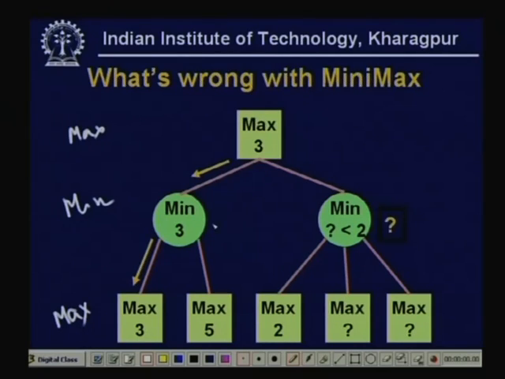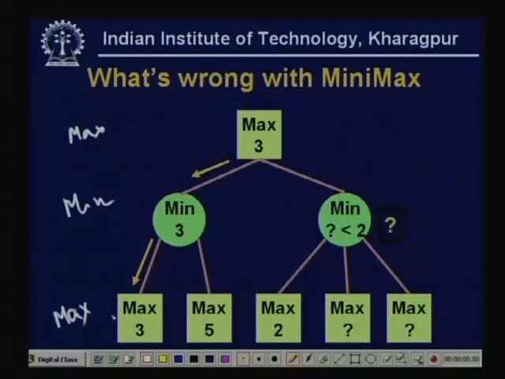Now, the minimax values can be computed by depth first search. Suppose this leaf gets evaluated first and it has a value of 3.